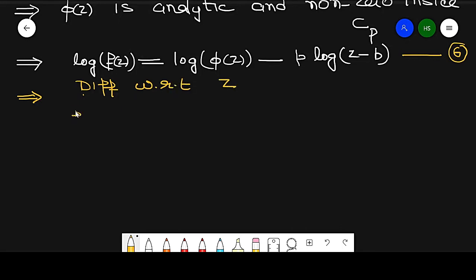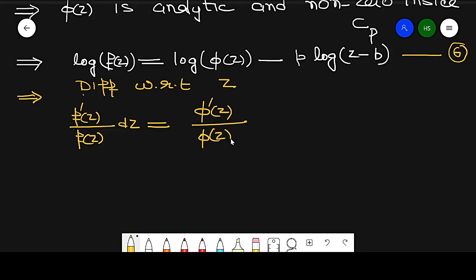So what we get is f dash z over f of z into dz, which is equal to phi dash z over phi of z into dz, and here minus p and derivative of z minus b, which is equal to 1. So we get these values.